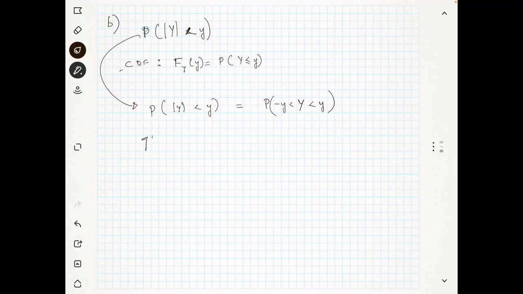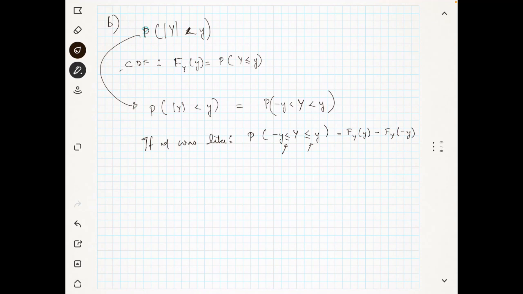But if it was the probability that Y takes the value less than or equal to y and minus y, if it is an equality sign as shown here, then we can write it as F_Y(y) minus F_Y(minus y). There is no issue.